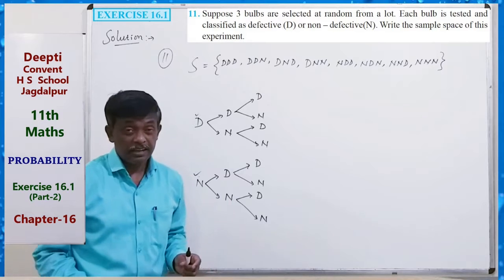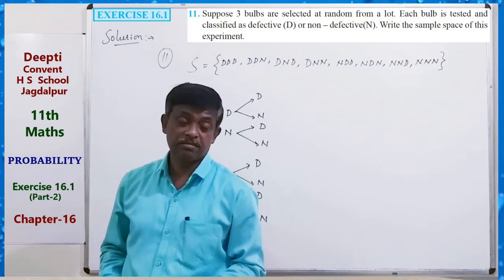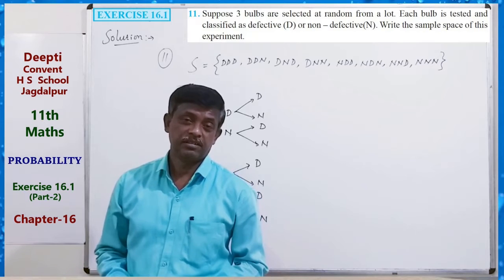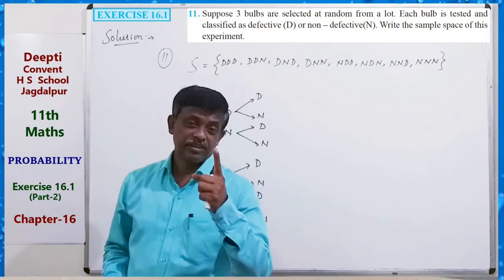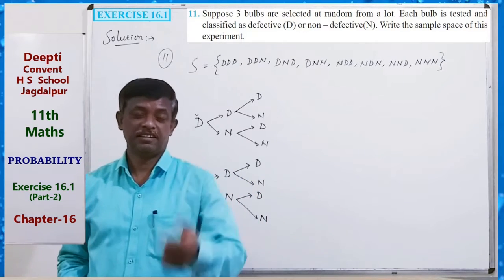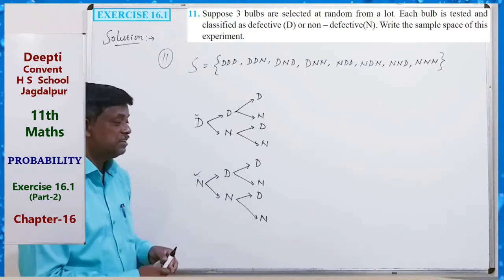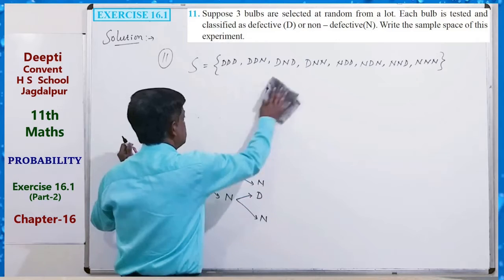Here, if tossing the coin shows tail, there is nothing to do. So one possibility is only tail. And another possibility we have to write. Okay. So here, just see.